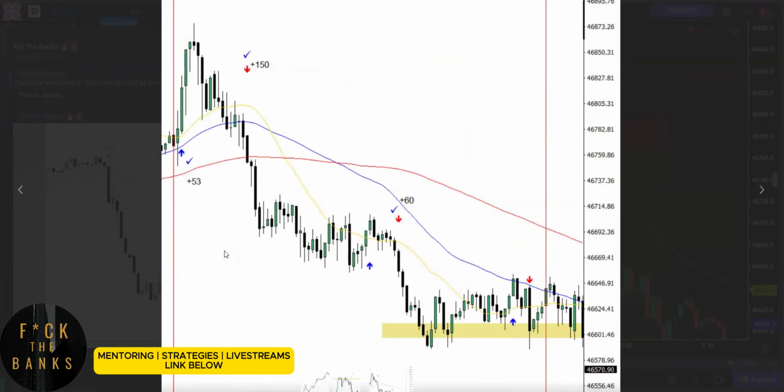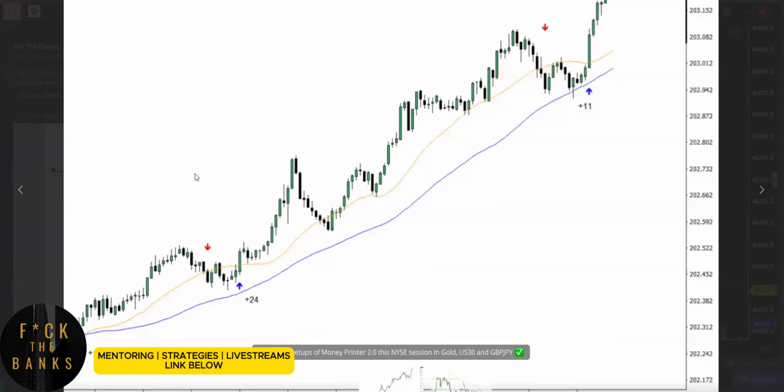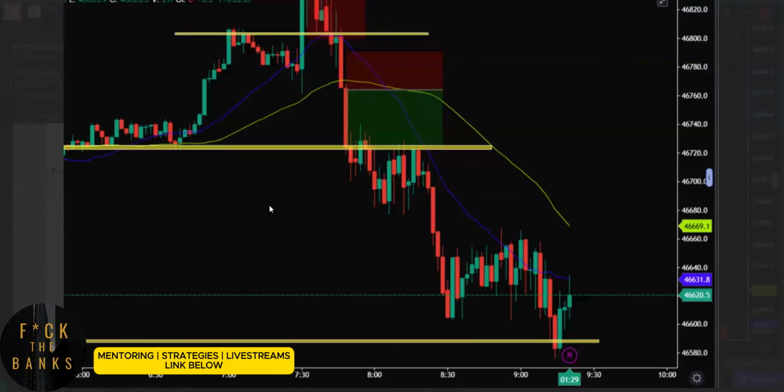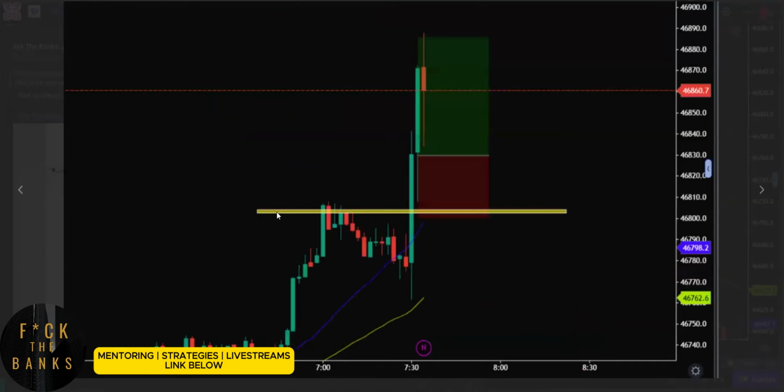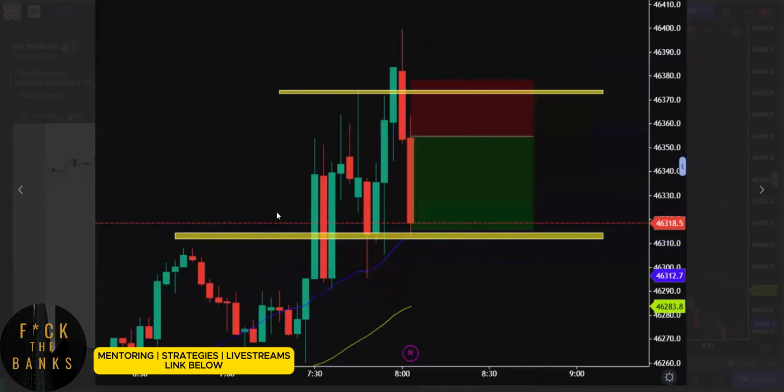That was in US 30, actually this day that I was explaining. Some in gold. This is in Forex, GBP/JPY. In case you trade Forex, it can also give you really nice opportunities. This is the other trade that I just explained, and many other amazing trades that I took in the live streams.